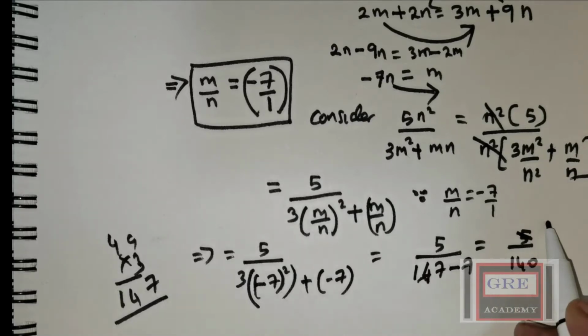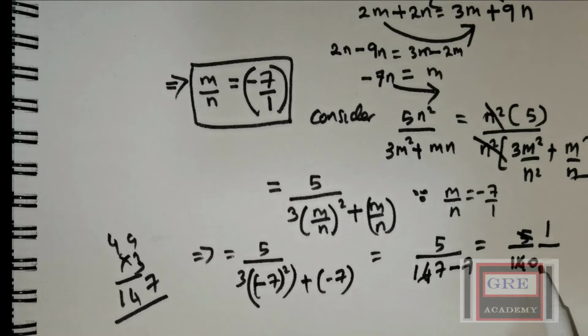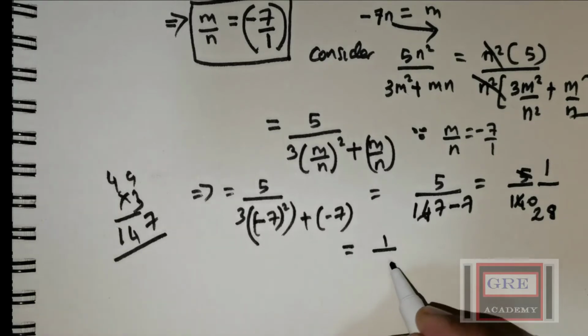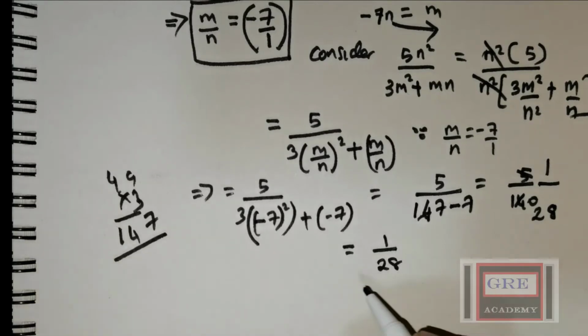Now 5 divides 5 once, 5 divides 14 2 times, right? 5 times 2 is 10, so 4 carry out, giving you 4 there. So 5 divides 40 8 times. So you have got the value to be 1 over 28.